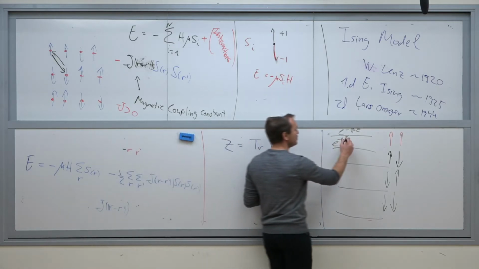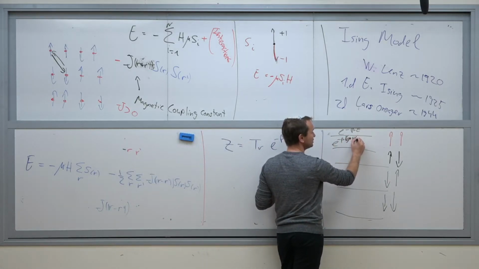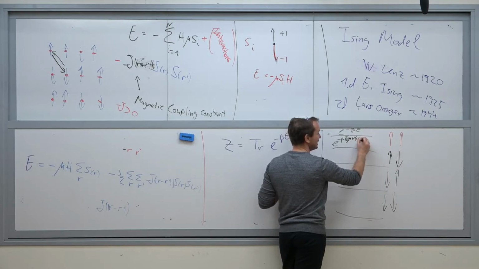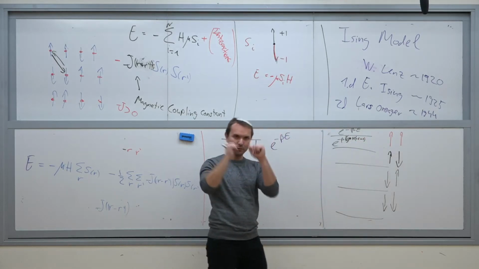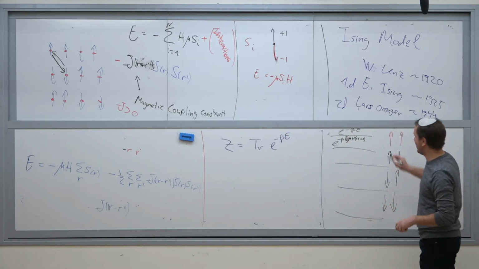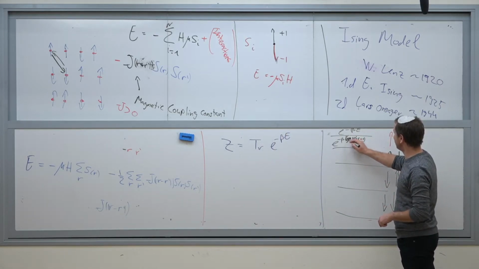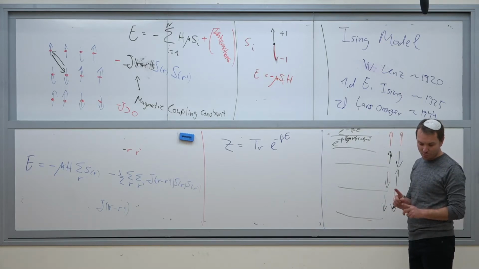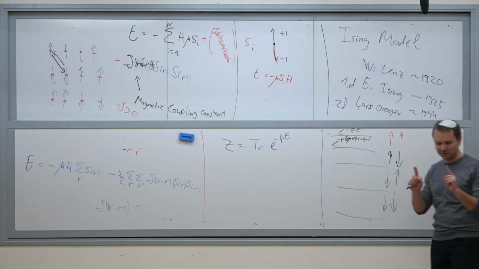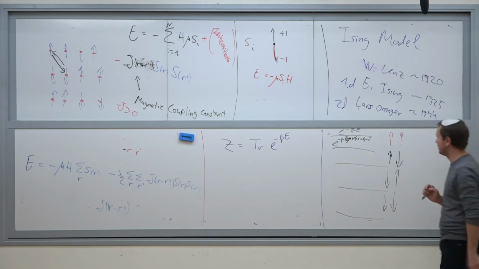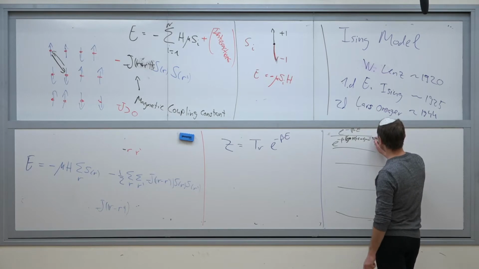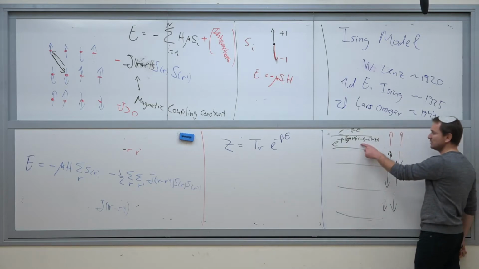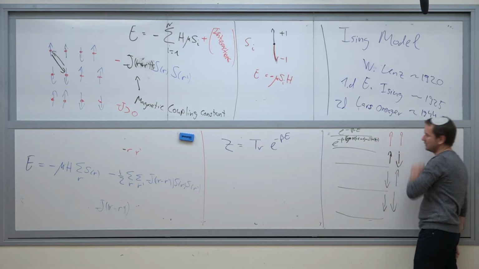So it is mu h multiplied by plus 1, since 2 of them are up, and with a sign of minus, minus J, because there is always just one J, since the distance between those 2 spins is constant. Minus J, plus 1 multiplied by plus 1. So this is the contribution of this state.